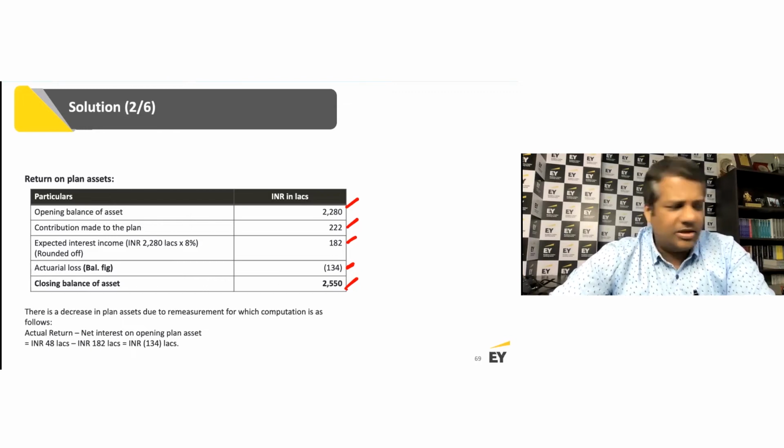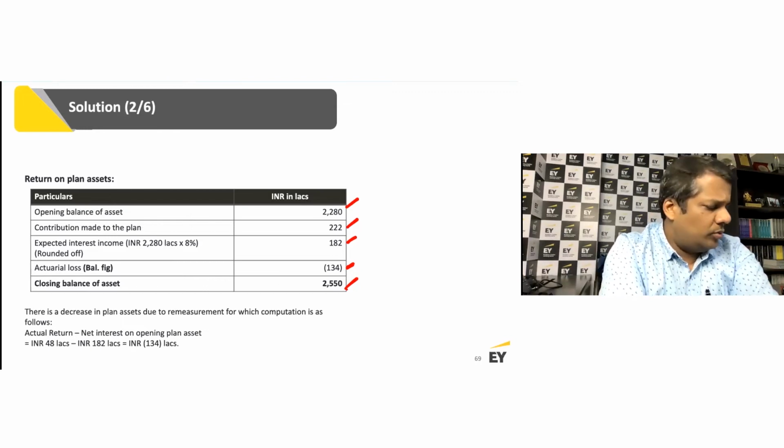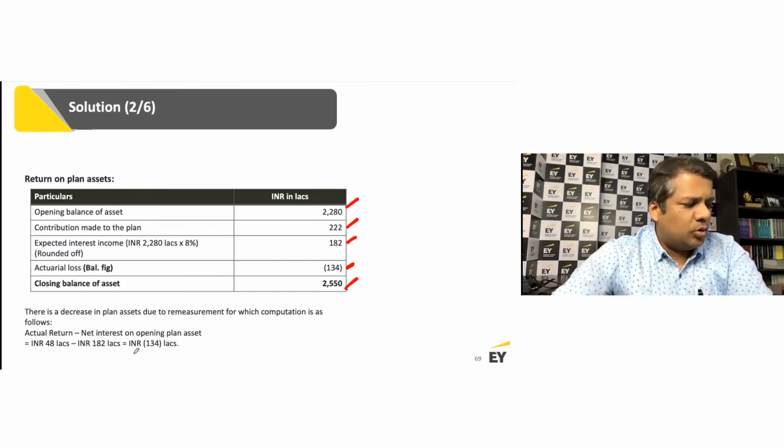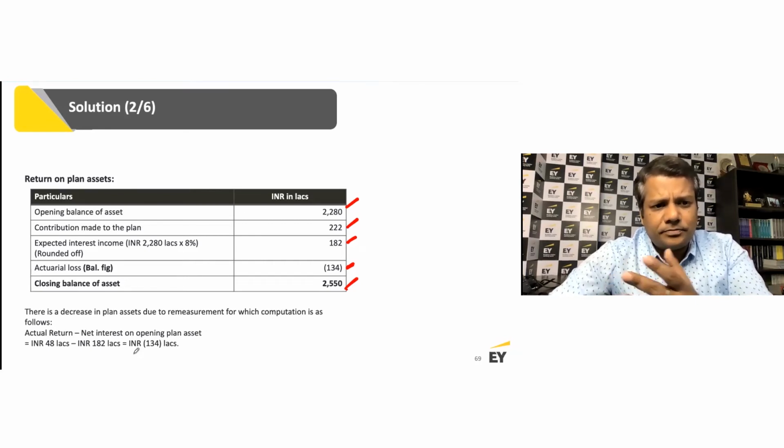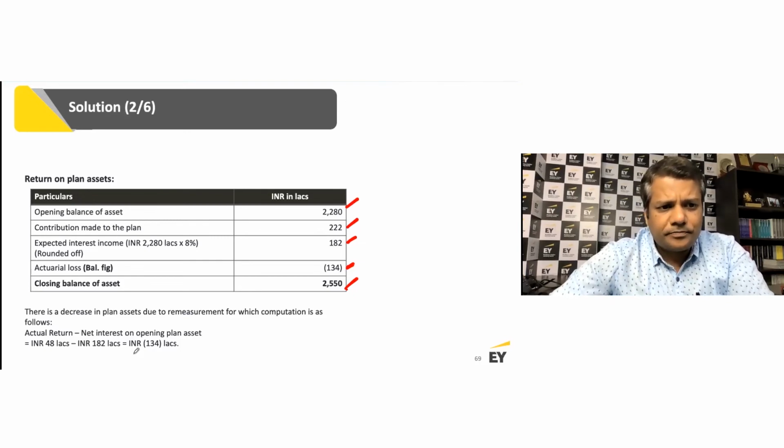So that is what we are getting, the difference in terms of the remeasurement. Actual return minus net interest on opening plan asset, which is 134 lakhs.